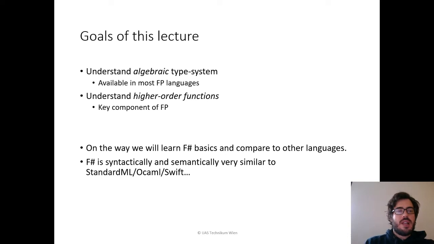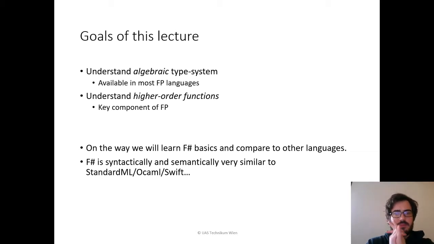The goals of this lecture are based on two functional programming concepts. The first one is the algebraic type system, which most functional programming languages have, and the second is higher order functions, a key component of functional programming, as we have already seen in C# and LINQ and other applications.